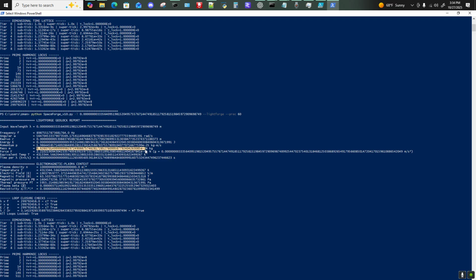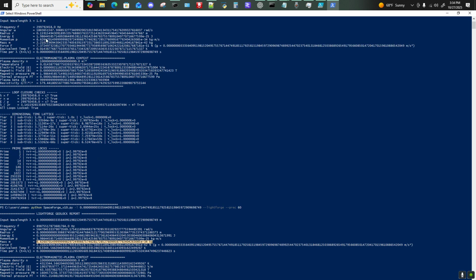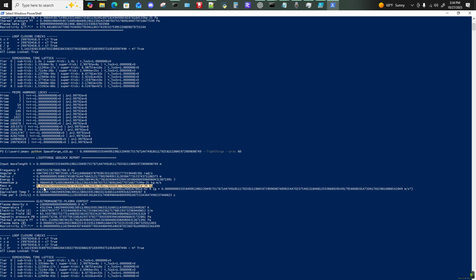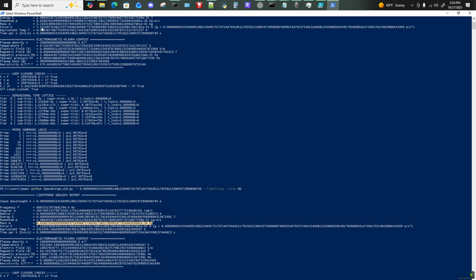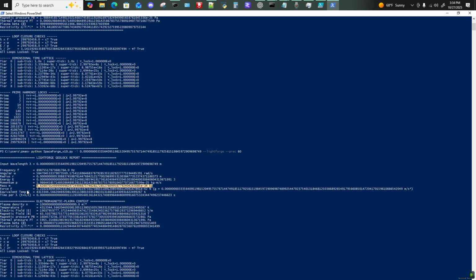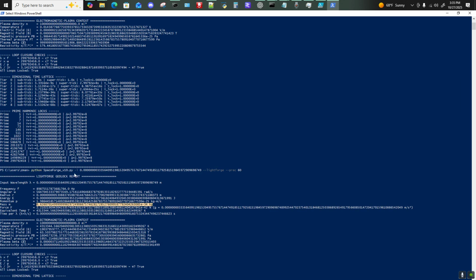Planck's constant has now been shifted from momentum to mass. And look, the one that was at mass before is now at force. So these two numbers shifted one row each, and so did these other numbers.